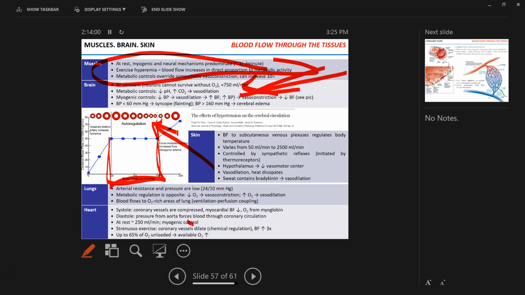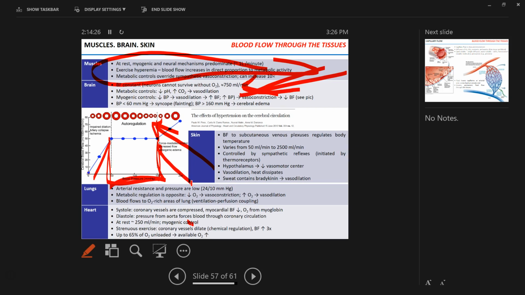Does that make sense? If blood pressure drops, in response to reduced stretch, those arterioles will dilate, maintaining basically the amount of blood at the same level. So in that range, between about 50 to 150 millimeters of mercury, blood flow to the brain remains constant.